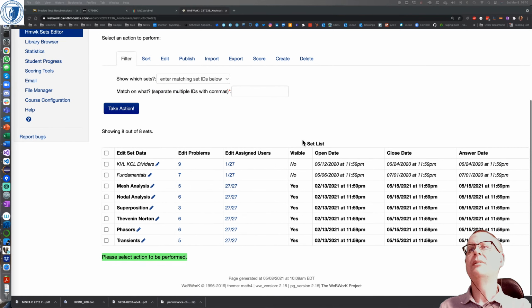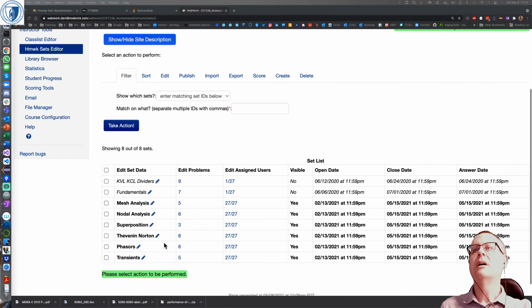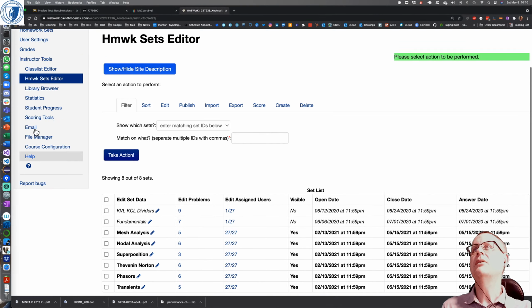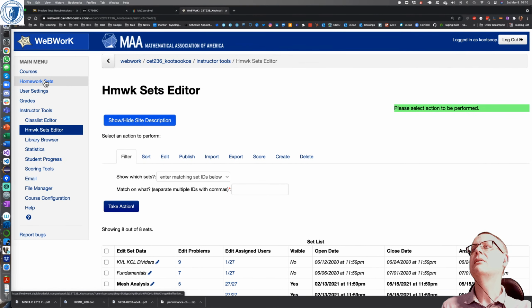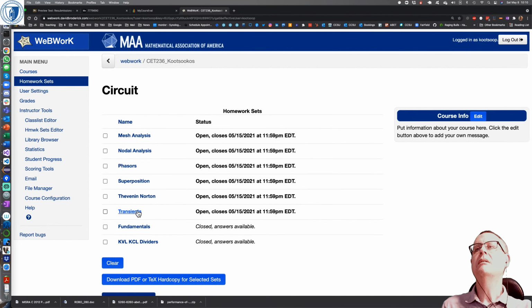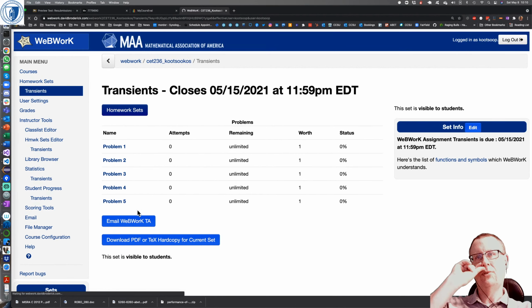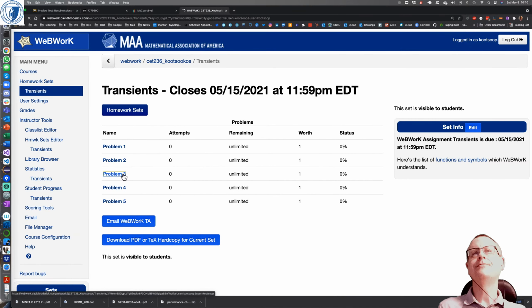So let's have a look at the homework, and the homework is transients. So let's go here and go to transients and problem 3.